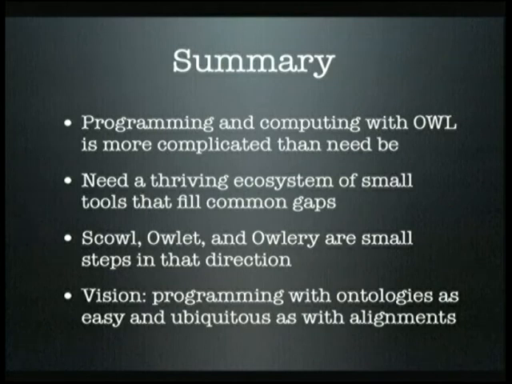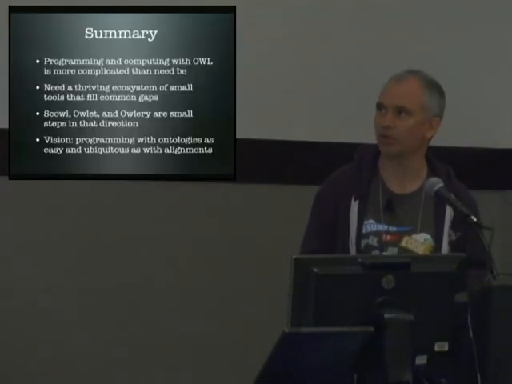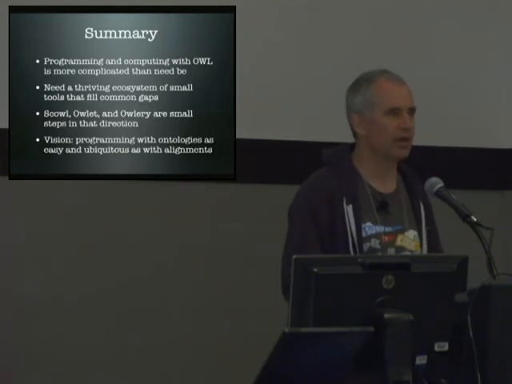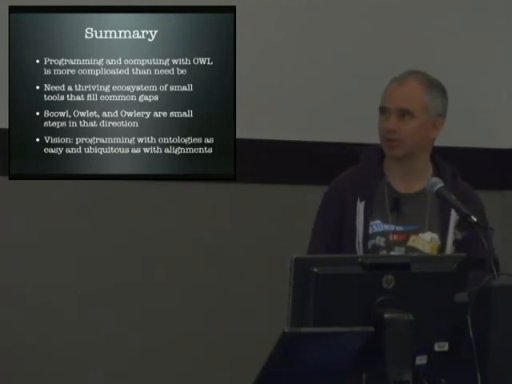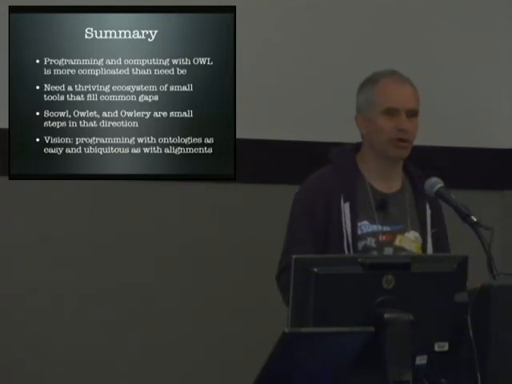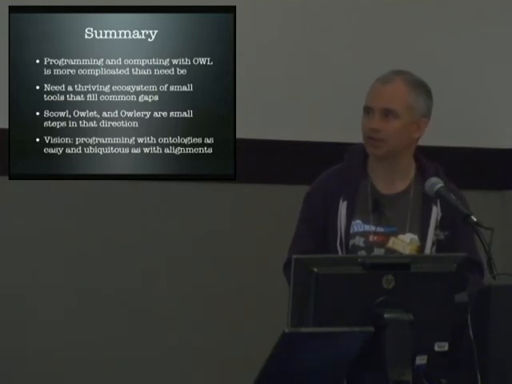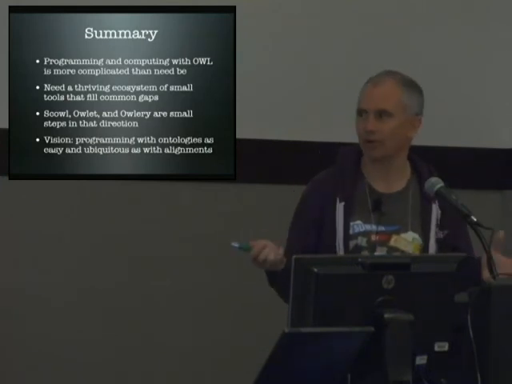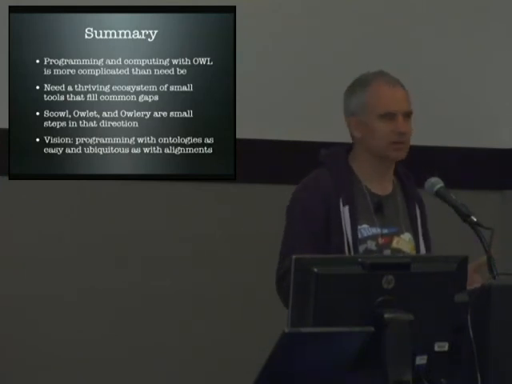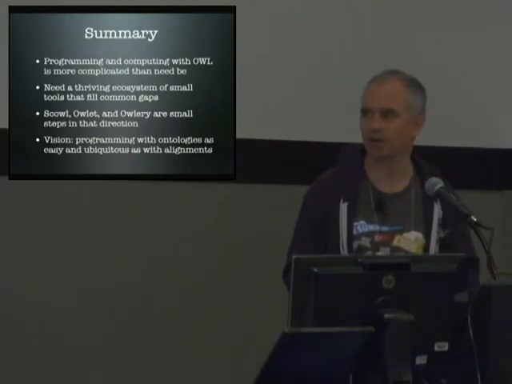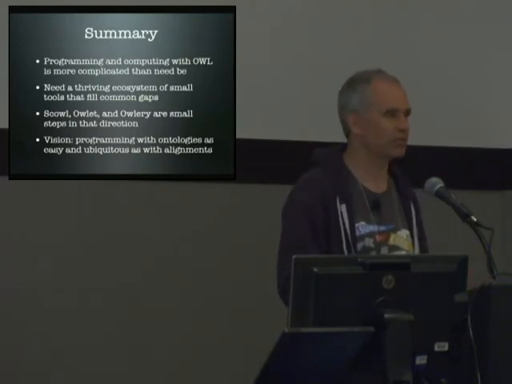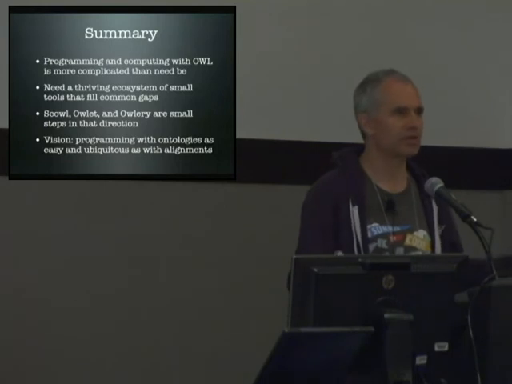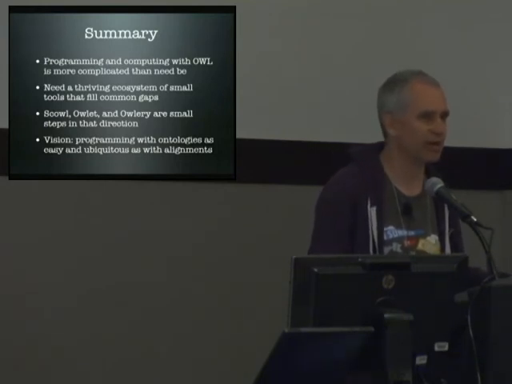So in summary, OWL is very powerful, ontologies are very powerful, and ontologies in RDF are very powerful, but programming and computing with OWL is still a lot more complicated than it really needs to be, okay? In order to have an environment where programming with ontologies would be as widespread, as easy and as ubiquitous as how we program these days with alignments, right? There's nobody here who programs alignments by hand anymore, right?